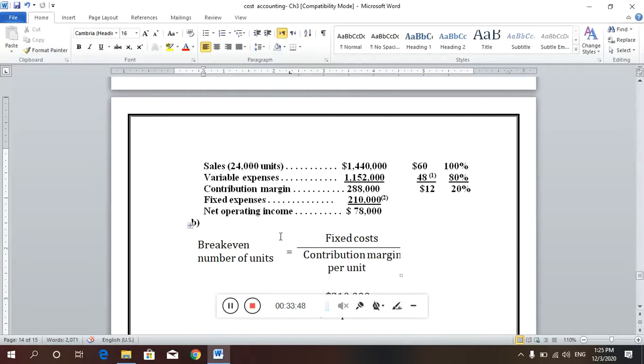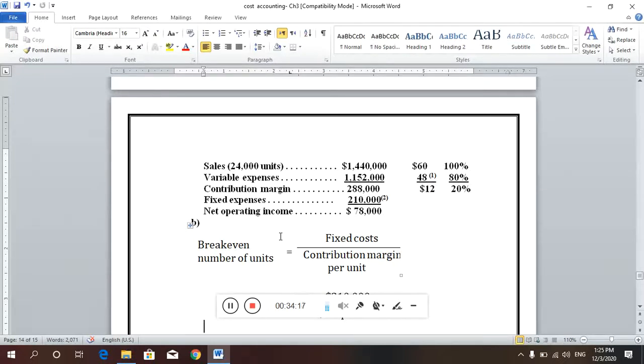Fixed costs: the inspector's salary is eliminated, so the new fixed costs will be $210,000, by subtracting $30,000 from $240,000.